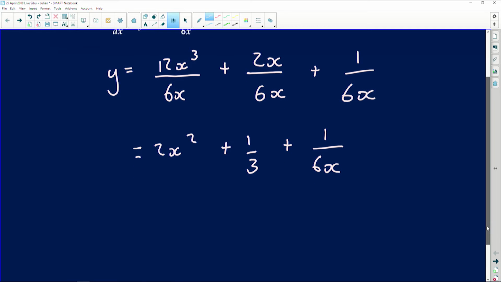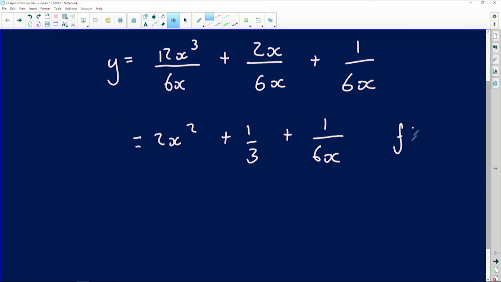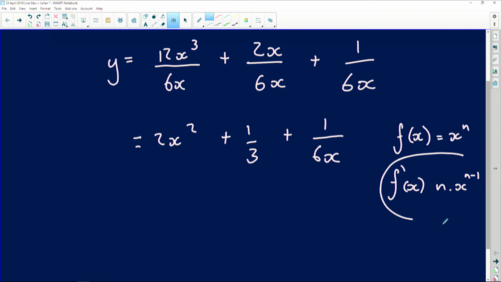Now we've got all our terms, which just have a power of x, so we can use our normal differentiation rules. If f of x is equal to x to the power n, to find the derivative we say n multiplied by x to the power n minus 1. This is the rule we're going to use to differentiate each term.